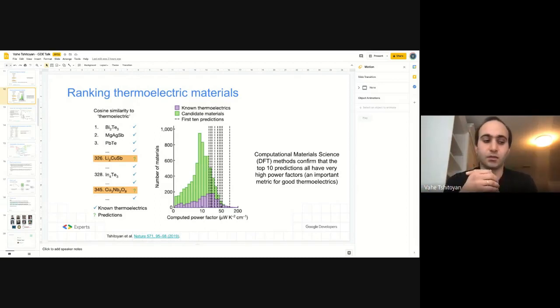And then there is also the human expertise component of what people think is good. There are also people building, in a very big field, neural networks that take in the composition and structure of the material, and a data set of some known properties, and then try to learn how to predict a certain property from them.